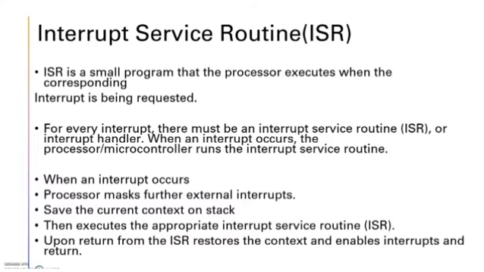That is, whichever interrupt has occurred, that routine it will execute. And upon finishing the execution of the ISR, that is, whenever the return instruction comes, it will restore the context which it stored previously onto the stack, and then also enable the interrupts.